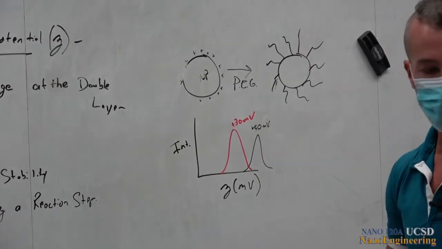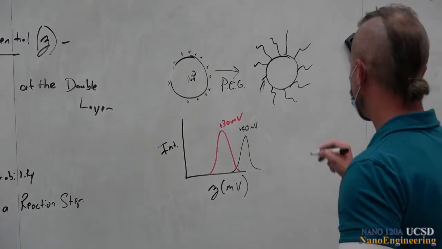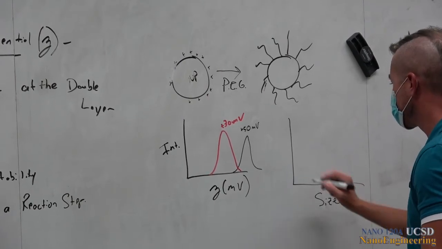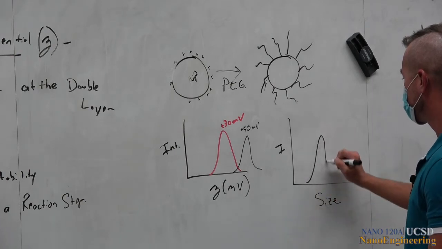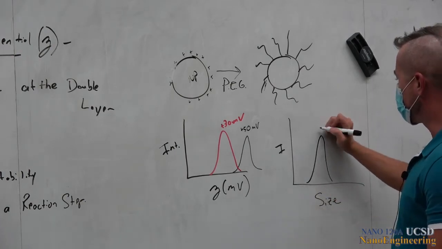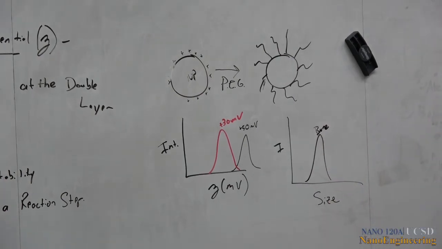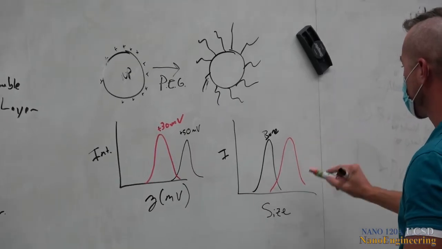I mean, you could also do the exact same thing that I talked about with size, is you could also look at size, intensity, and here, this is bare, and this is going to be PEG.